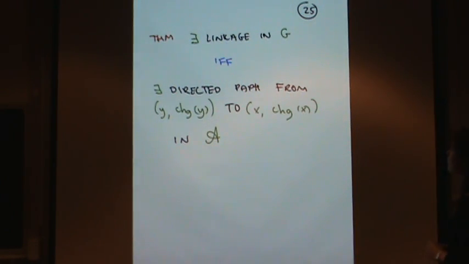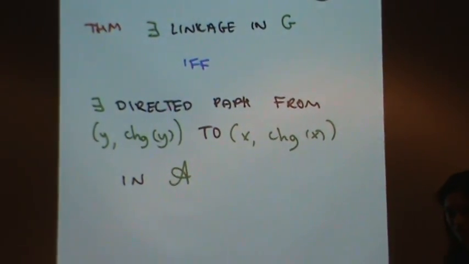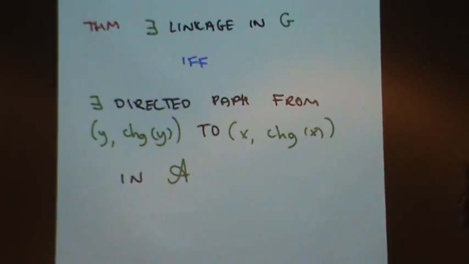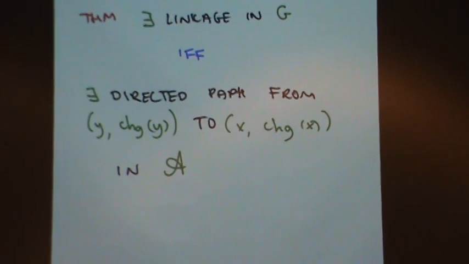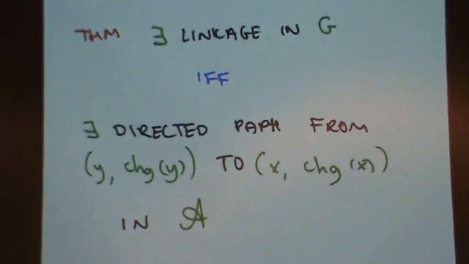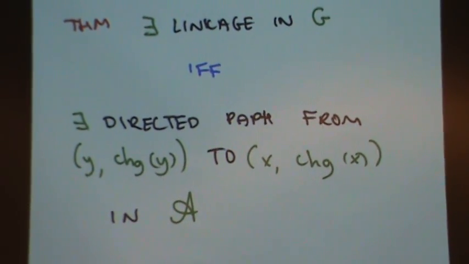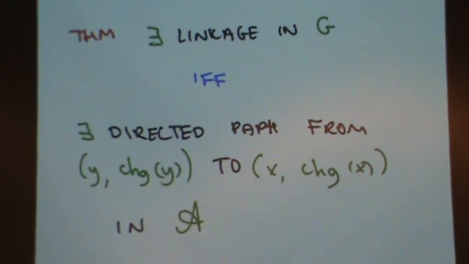And now the theorem is that there is a linkage in the B graph if and only if in the auxiliary graph there's a directed path from y change y to x change x. So let's try and see why that is. First of all, let's see that if there was a linkage, then this path would exist in the auxiliary graph.